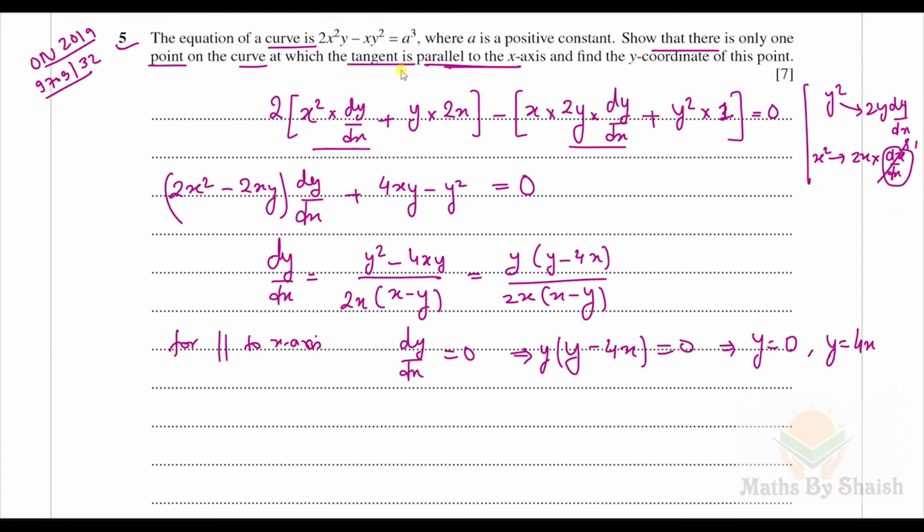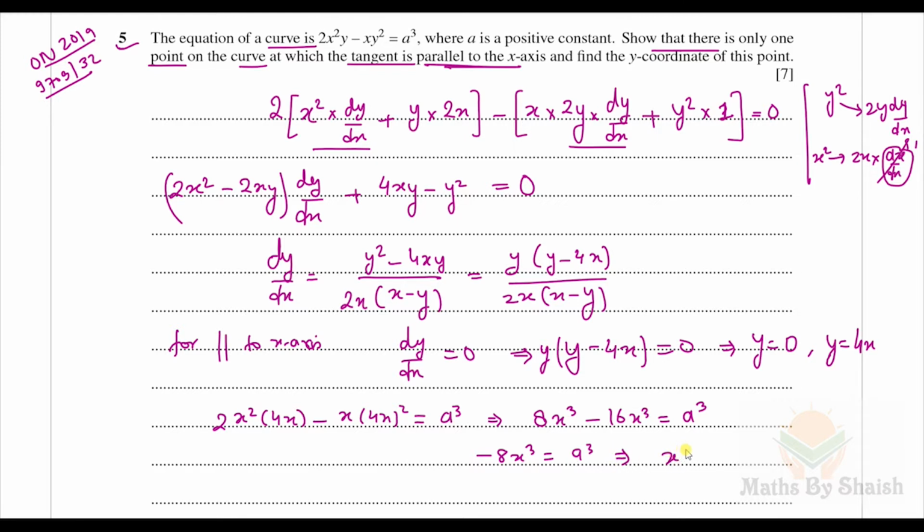In order to find the x and y values, we put y equal to 4x in the equation of the curve, and we get 2 times x² into 4x minus x times (4x)² equal to a³. The left hand side becomes 8x³ minus 16x³, which is equal to a³, so −8x³ equal to a³.